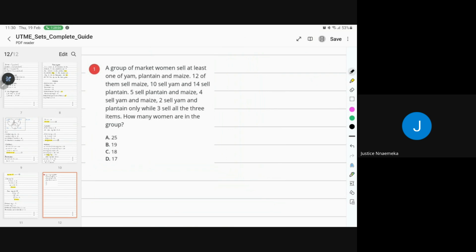So we have plantain, maize, and yam. n of maize is equal to 12. n of yam is 10.